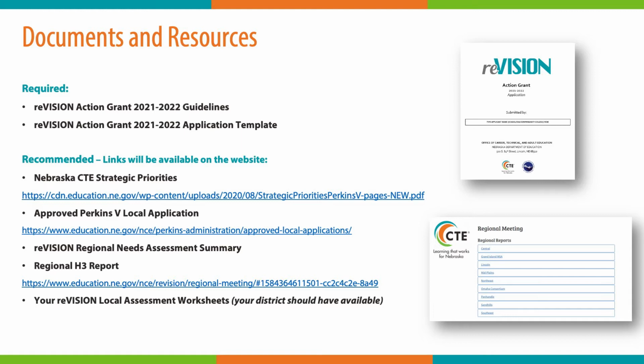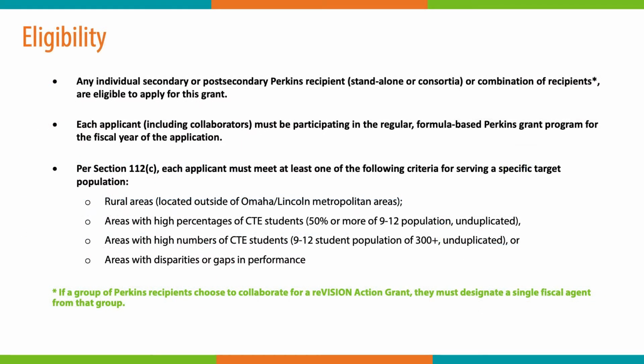Nebraska CTE Strategic Priorities, your approved Perkins 5 local application, the Revision Regional Needs Assessment Summary and Regional H3 Report. You'll also want to have a copy of your Revision Local Assessment Worksheets, and those you should have at your district level. Now we'll talk about eligibility.